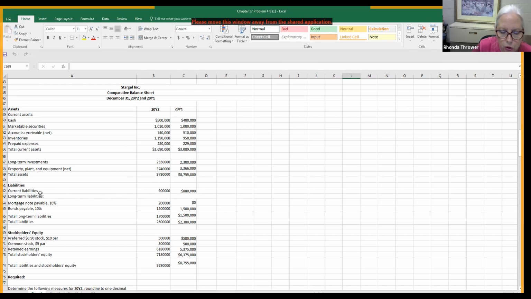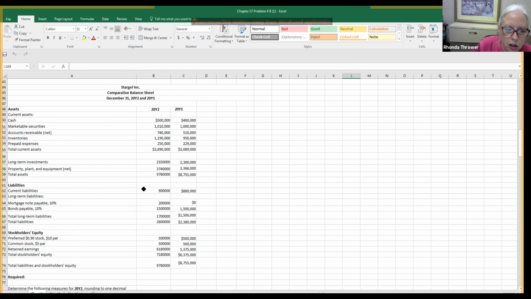But you'll remember your current liabilities could be accounts payable, short-term notes payable, interest payable or salaries payable, all of those are considered to be current liabilities. For some reason or another, in this particular problem, they did not list them separately. They just gave you the total.